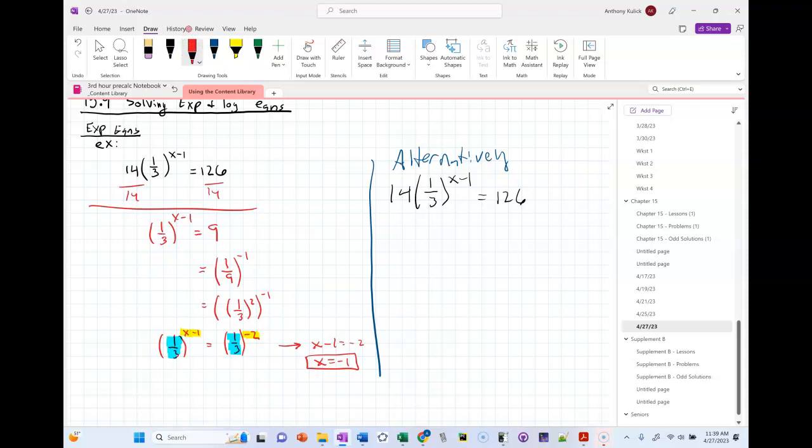So we'll start the same way, by getting the exponential, or the base of 1/3, to get that exponential piece by itself. And now what I want to try to do is get rid of that exponent base of 1/3.